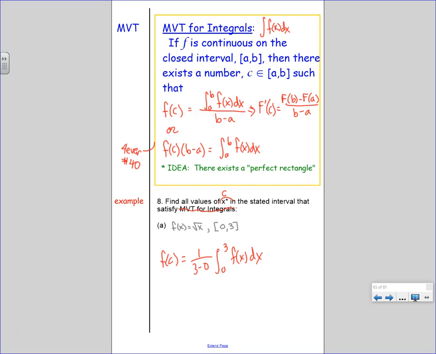So I'm using this integral notation. I could have used the other one, but this one has the c more alone, so I like it a little bit better. We could go ahead and plug in stuff. So the square root of c, plugging c into f, is equal to 1/3 times the integral from 0 to 3 of the square root of x dx.